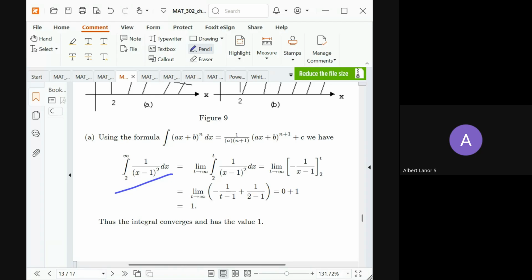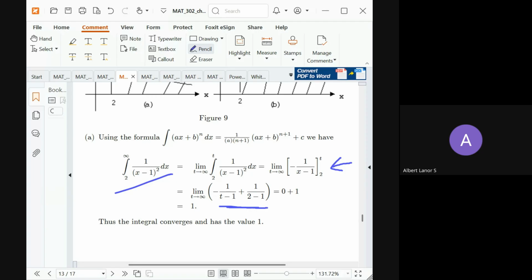Then you rewrite it properly: -1 over (x minus 1), with the limit from 2 to t. So you have t minus 1, then 2 minus 1, and 2 minus 1 is 1. Now I have -1 over (t minus 1) plus 1 over 1, which is plus 1.